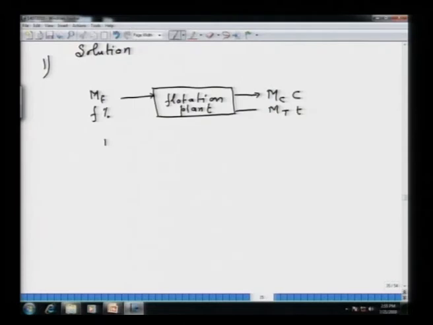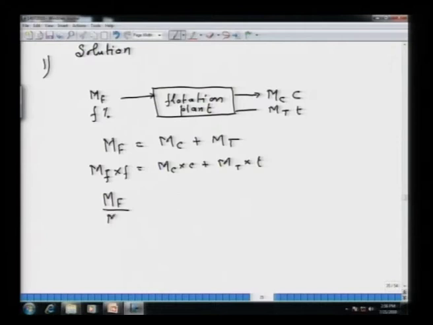So, simple mass balance: M_F = M_C + M_T, and M_F into F is equal to M_C into C plus M_T into T. That is what we have done in the conceptual presentation, and then we can straight away find out from here that M_F upon M_C is equal to (C minus T) upon (F minus T).